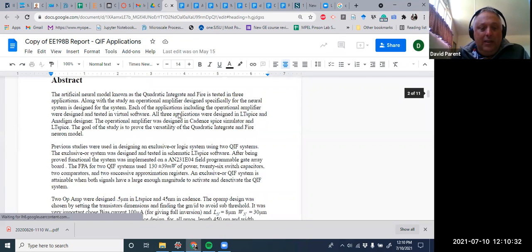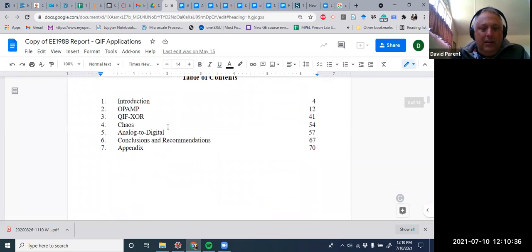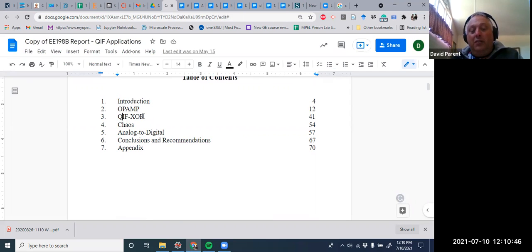So one student designed an op amp in 45 nanometers that would be used for quadratic integrate and fire. Then somebody did a small neural network based on the quadratic integrate and fire. That worked pretty well. The chaos circuit didn't work. It wasn't the student's fault.